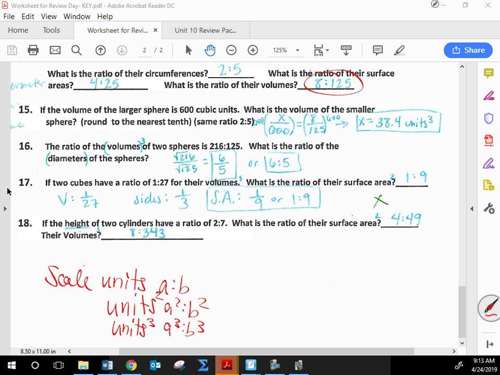So my volumes were 8 to 125, and my larger sphere had an actual volume of 600. Then we just cross multiply from here. With these types of problems, it's typical to make you go back to original units and then ask you a question about something beyond there, either surface area or volume.